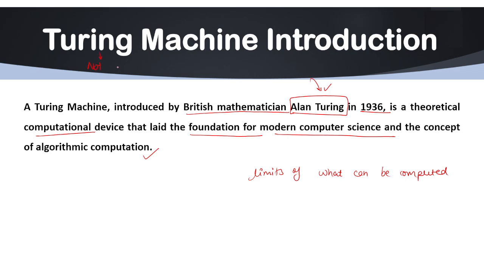Remember this point. It is not at all a physical machine that you all are imagining, but it is an abstract model. It is an abstract model that demonstrates how any algorithm or computational process can be carried out in a step-by-step manner.